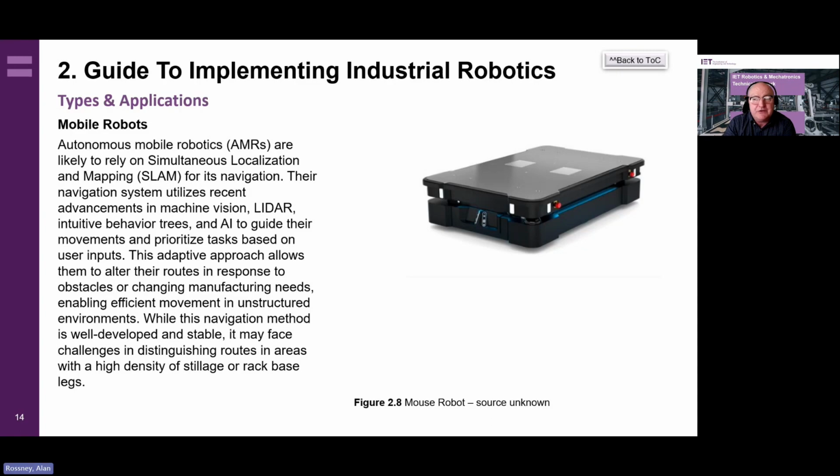So this adaptive approach allows them to alter their routes in response to obstacles or changing manufacturing needs, enabling efficient movement in unstructured environments. While this navigation method is well developed and stable, it may face challenges in distinguishing routes in areas with a high density of stillage or rack-based legs.